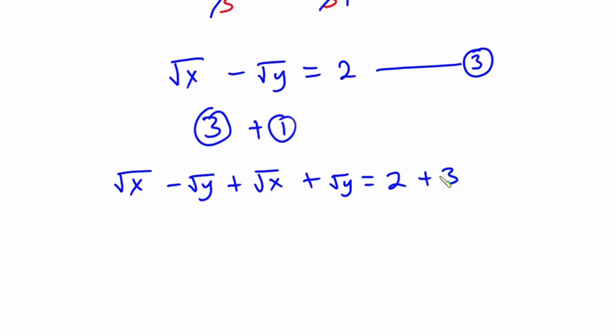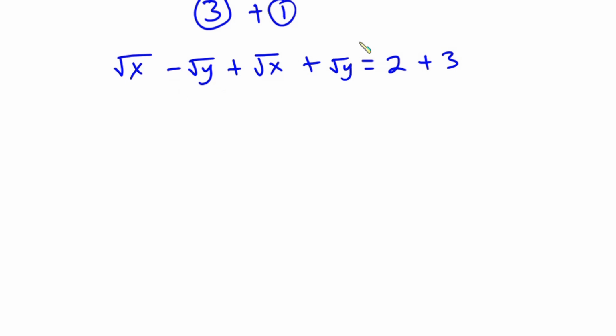And this 3 comes from the right hand side of equation 1, okay? Now straight away, this negative square root of y will cancel this positive square root of y. So we have square root of x plus square root of x, that is 2 square root of x, and this is equal to 5.